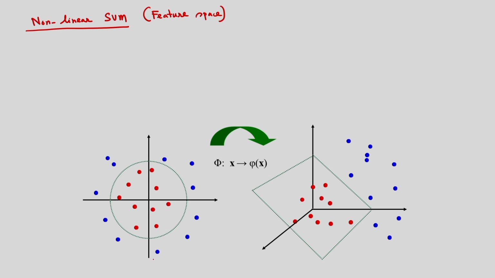In the figure you can see this is the low dimensional space, and I am doing the mapping by considering some mapping functions, the mapping of the low dimensional data into the higher dimensional feature space.